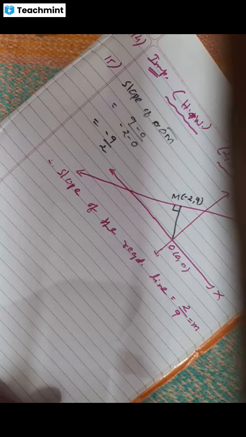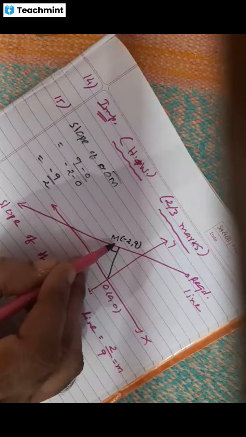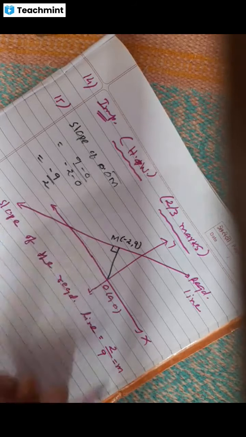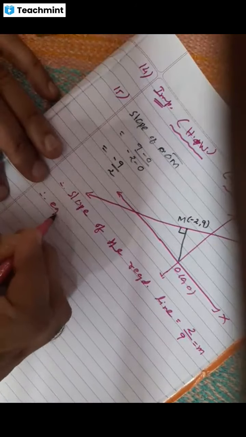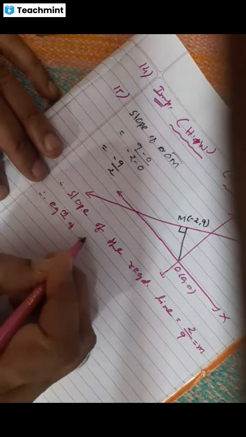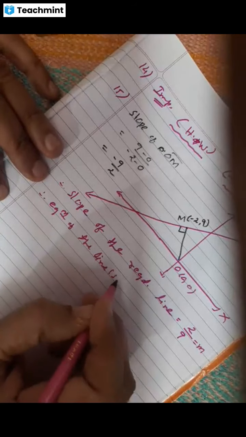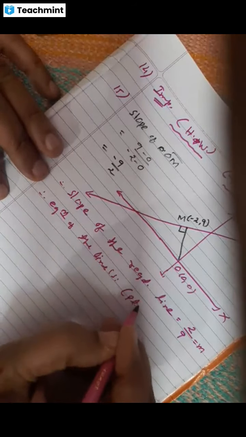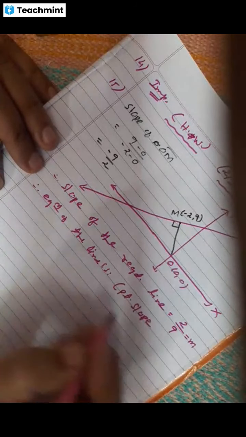तो ये हो गया हमारा रिक्वायर्ड लाइन का स्लोप, और ऑलरेडी पॉइंट इज देयर. Already point is there. So you have a required line. What will be the equation? Equation of the line. Point slope form. Okay. मैं यहाँ पे अभी हिंट में लिख रहा हूँ. The remaining work is for you, students.